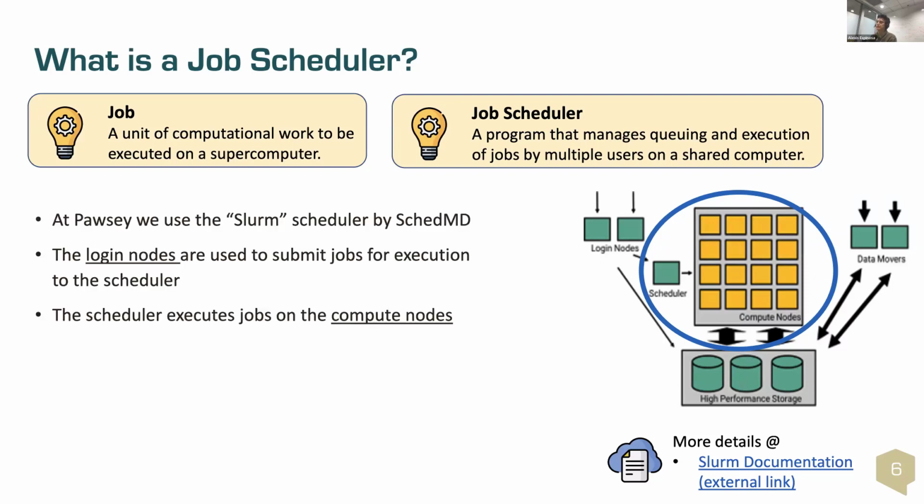There are many different schedulers. The one that they use in NCI for Gadi is PBS. Here we use Slurm. Those are the two most used schedulers around supercomputing centers around the world. But some new schedulers are coming.